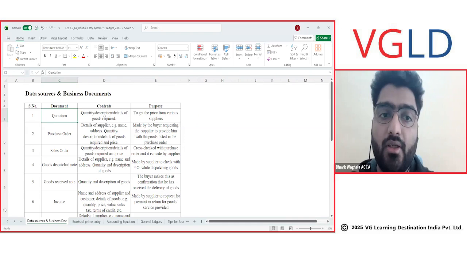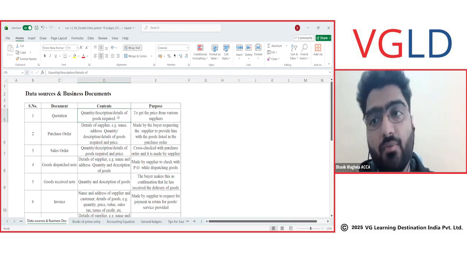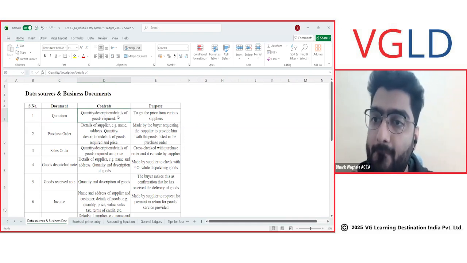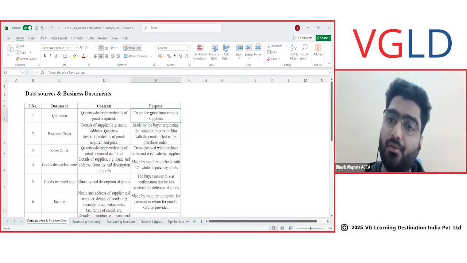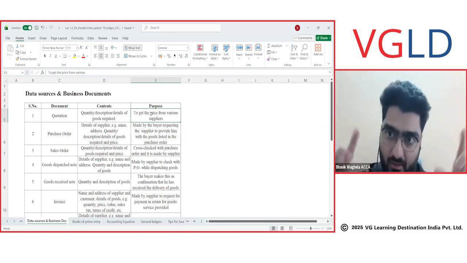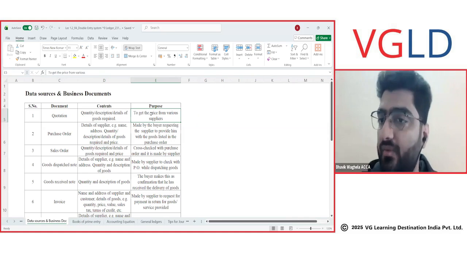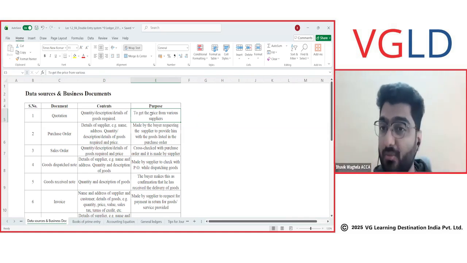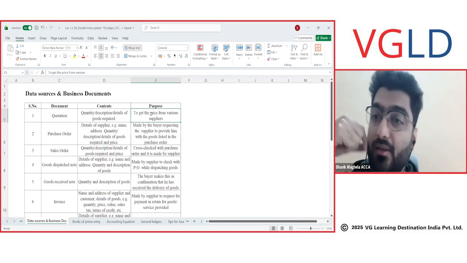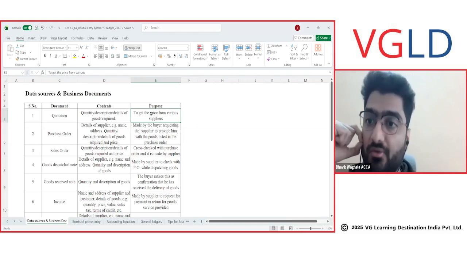The contents are quantity, description, and details of goods required. We prepare a quotation to get the price from various suppliers. We are sending a requirement that these are the goods that we require. On the basis of this document, the other party will give us a quotation. They will quote their prices.